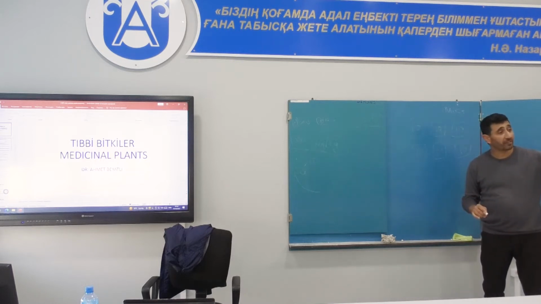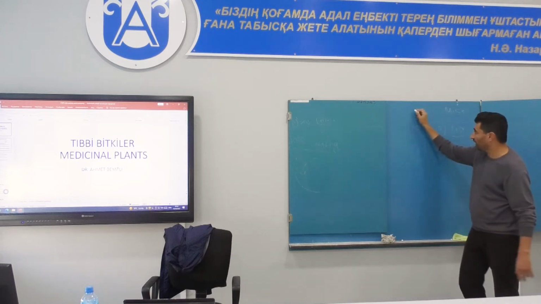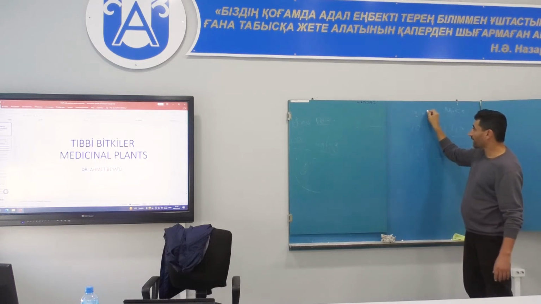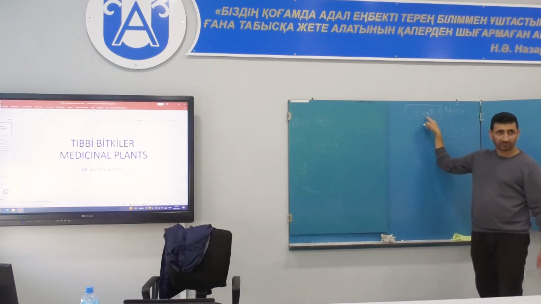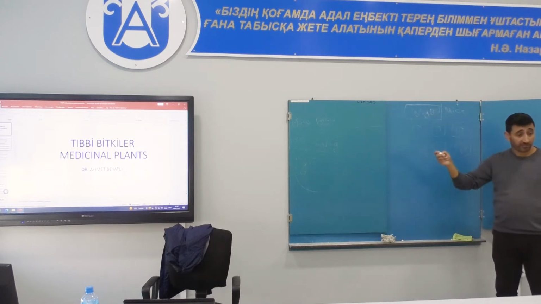I will start by giving doses. This group, for example, I give 1 gram per kilogram body weight, okay? You understand the meaning of this? 1 gram of the extract per kilogram body weight.